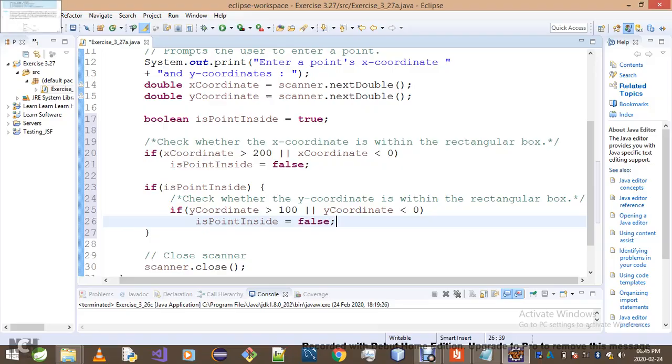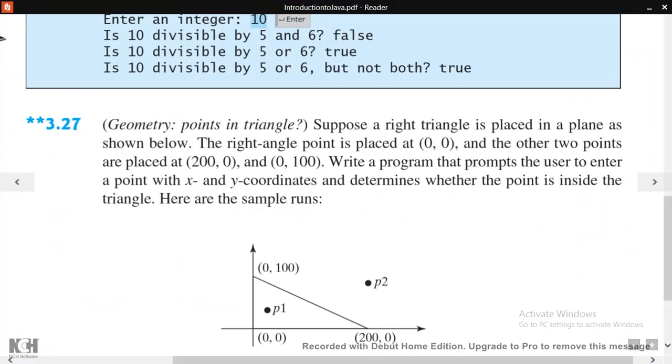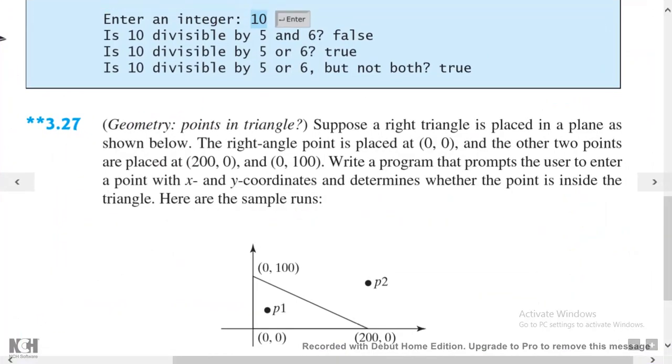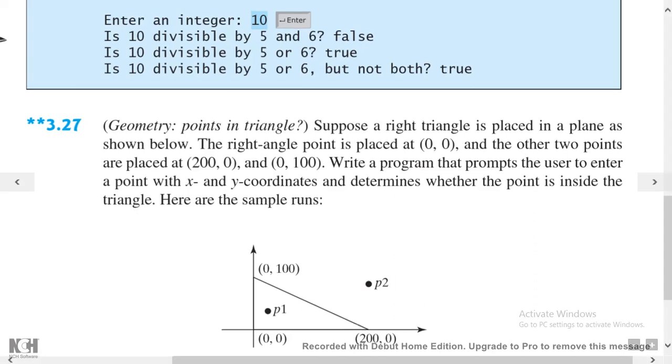As I just told you guys, my rectangular box has a width of 200 and a height of 100. So for instance, a point right over here where I've just put my cursor will be considered a point within my rectangular box, but not within my right angle triangle, right?